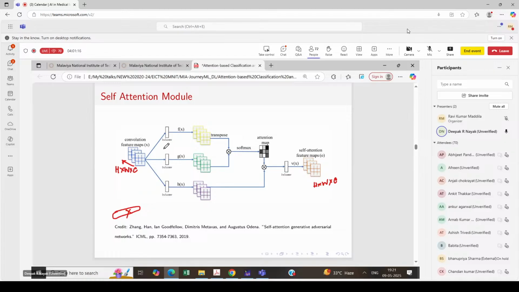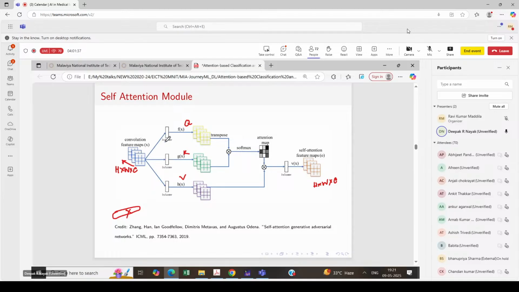So initially you will find that the input is projected or transformed to 3 different projections: query, key, and value. And how to project this? Just with the help of a 1x1 convolution over here.